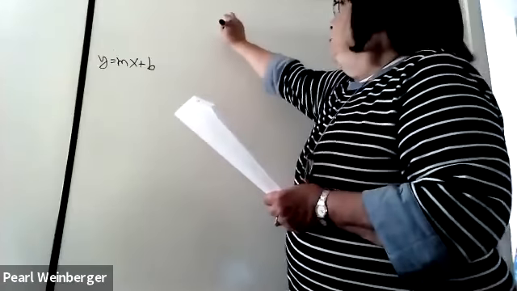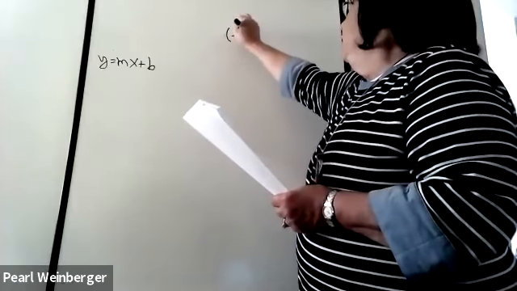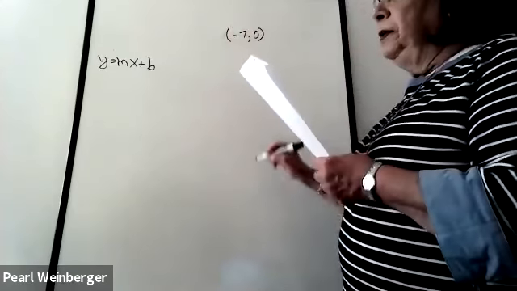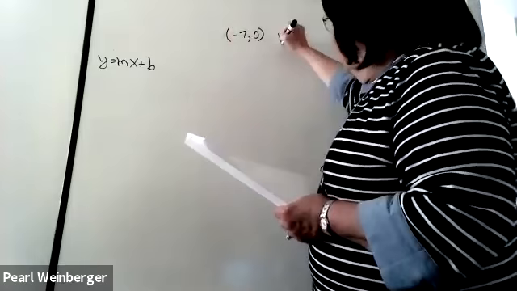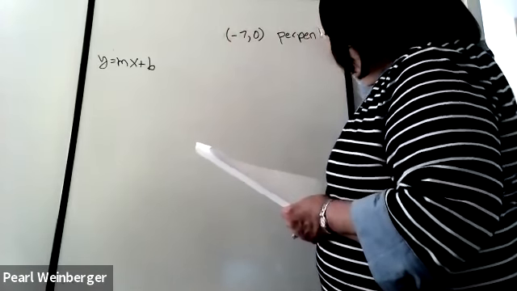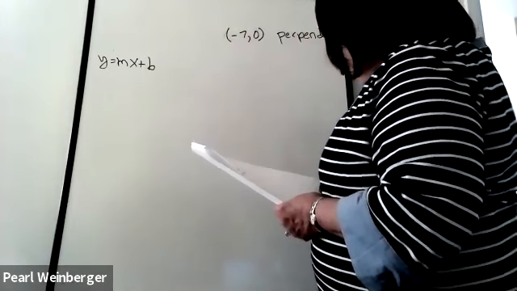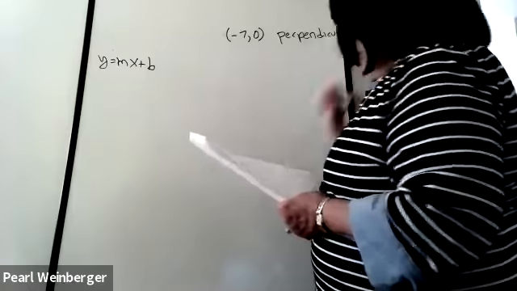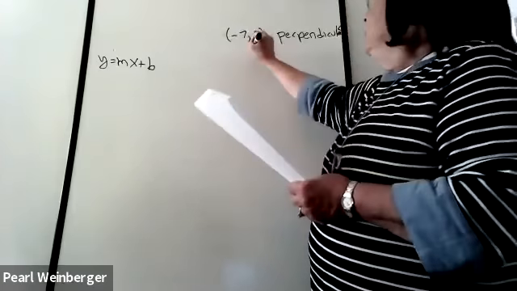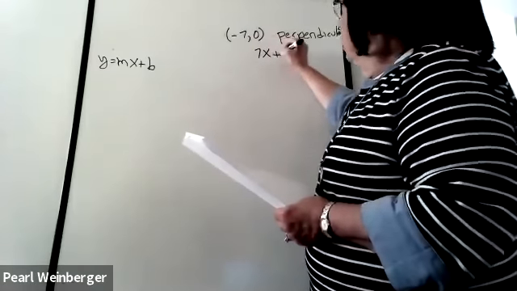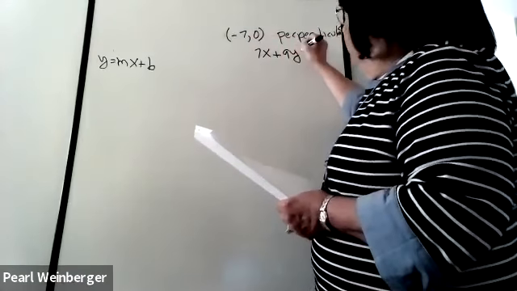We're told that the line goes through the point -7, 0, and it's perpendicular to the line 7x plus 9y equals 18.